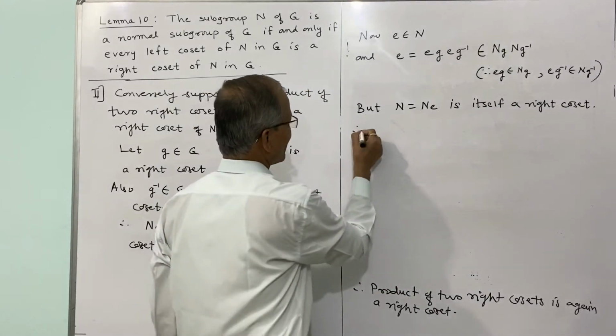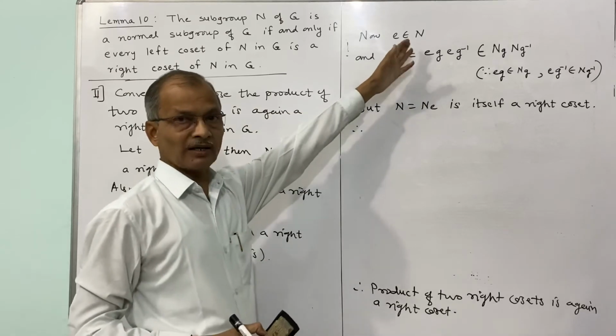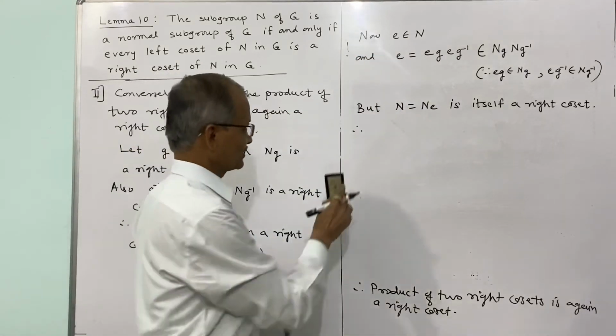Therefore, now E is the identity element, and it cannot belong to two distinct right cosets.